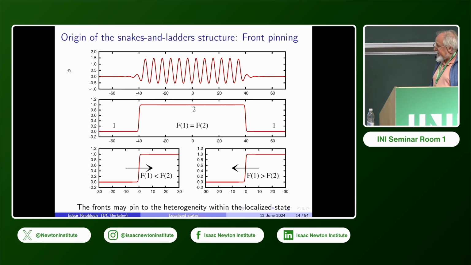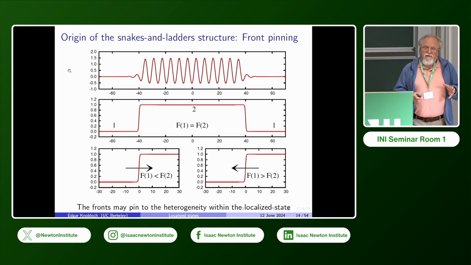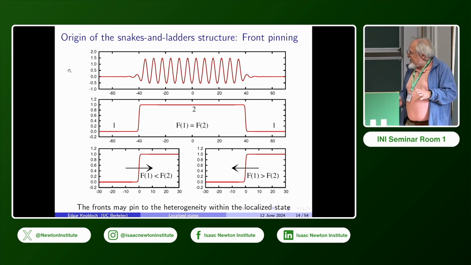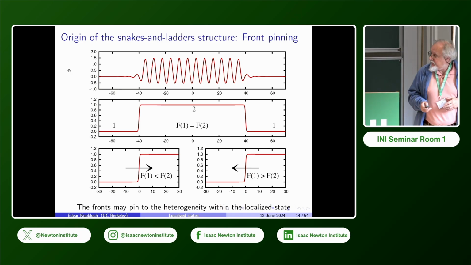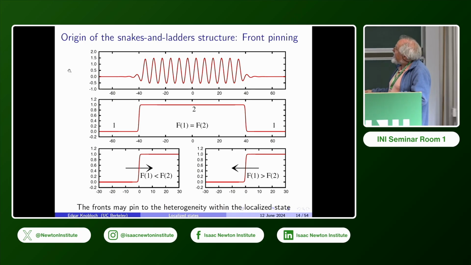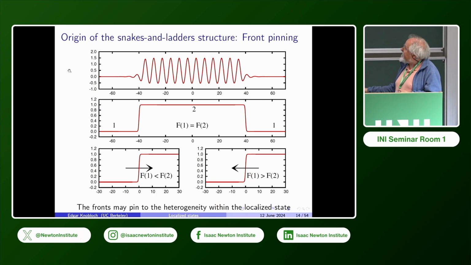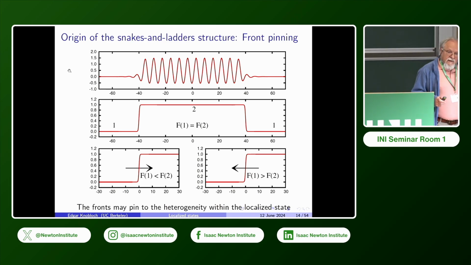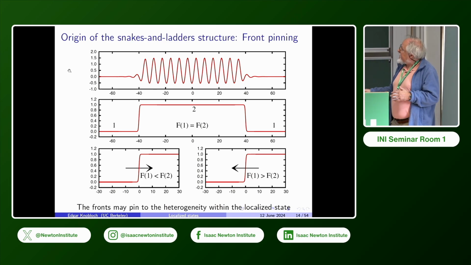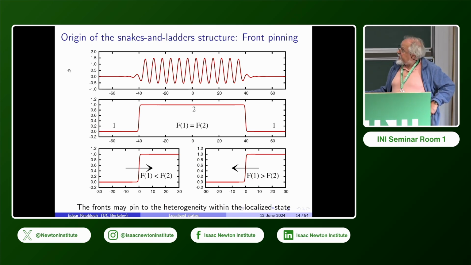So how do we understand the origin of this multiplicity of different states? Well, the way I like to think about it is in terms of analogy with phase transitions. If I have coexistence, say, of two uniform states, like a liquid phase and a gas phase, then I can have coexistence between those states at the critical temperature.